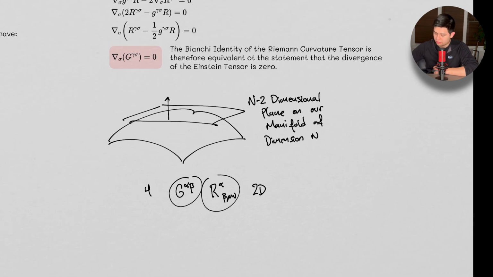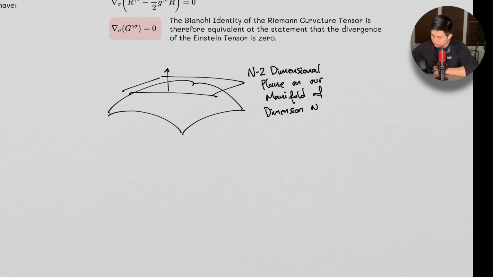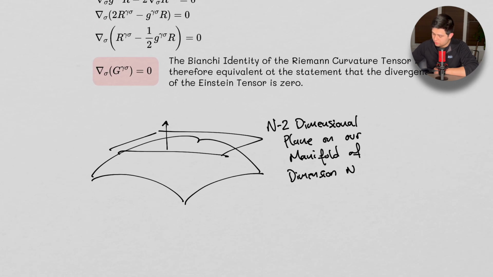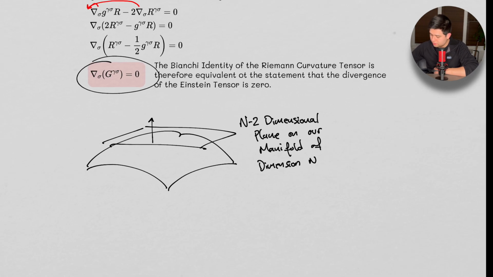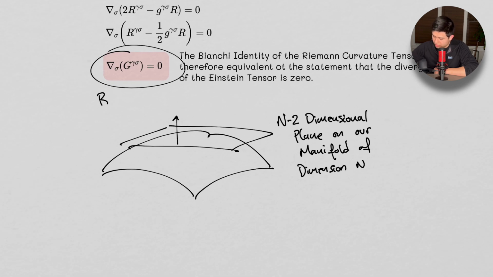Okay, but now what we're finding is that this G alpha beta, this curvature, has 0 divergence. Okay, this is 0 divergence. It's this claim right here, and this claim came to us from the Bianchi identities.